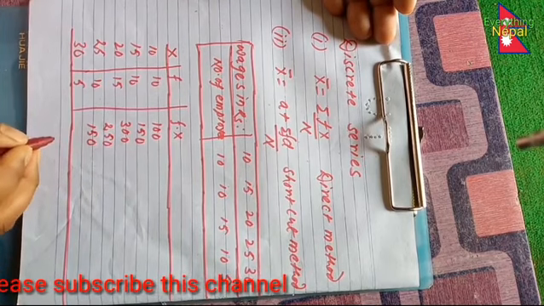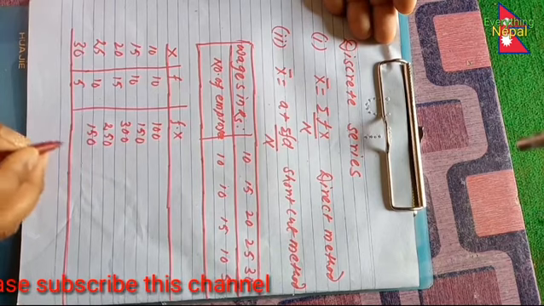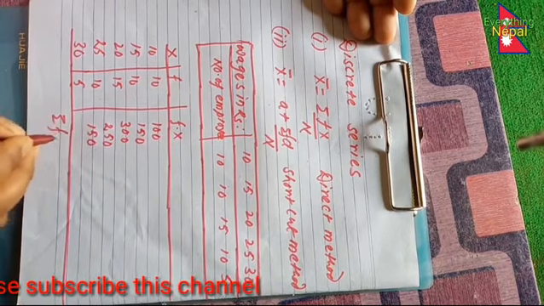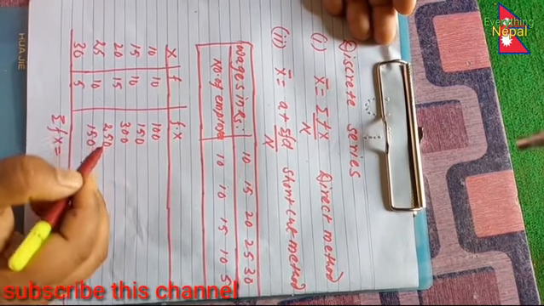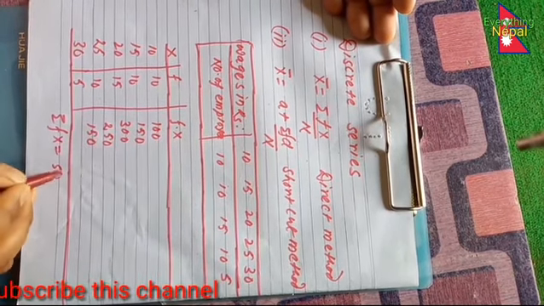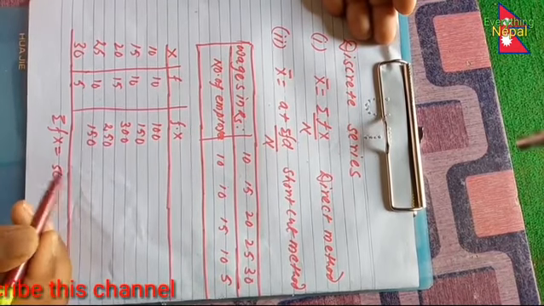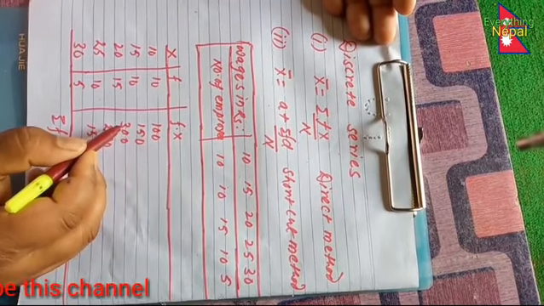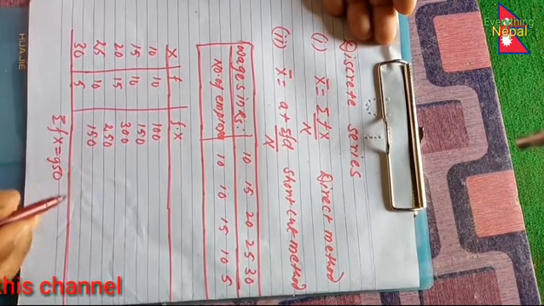And if you sum up these products fx, then we get summation fx as 950.